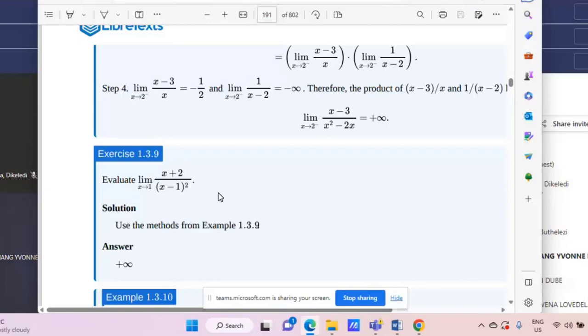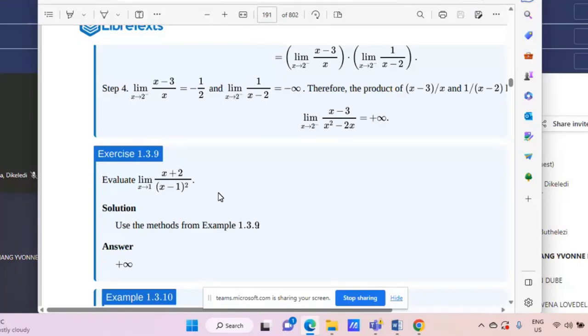So I said the limit as x approaches 1 of x plus 2 divided by (x minus 1) times (x minus 1). And then I said the limit as x approaches 1 of x plus 2 divided by x minus 1, multiplied by 1 over x minus 1.